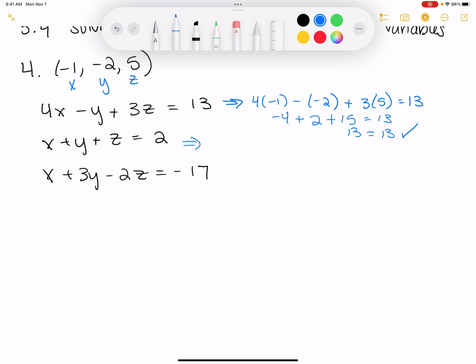Next one, -1 minus 2 plus 5 equals 2. So -1 minus 2 is -3 plus 5 is 2. So 2 equals 2. So that one works.